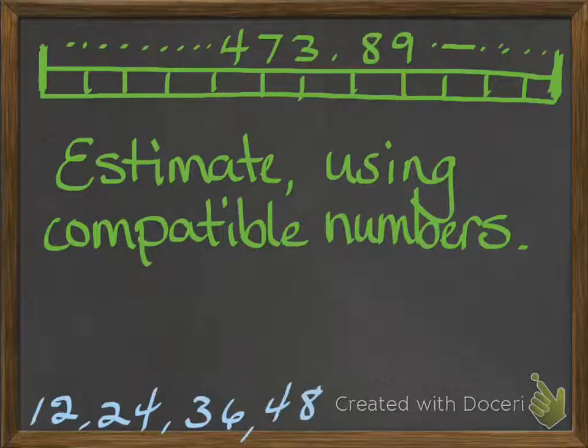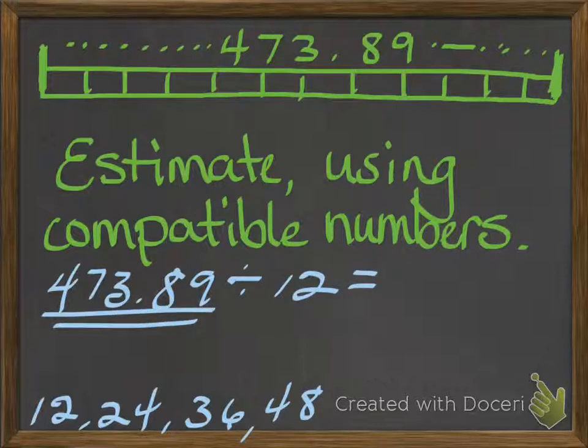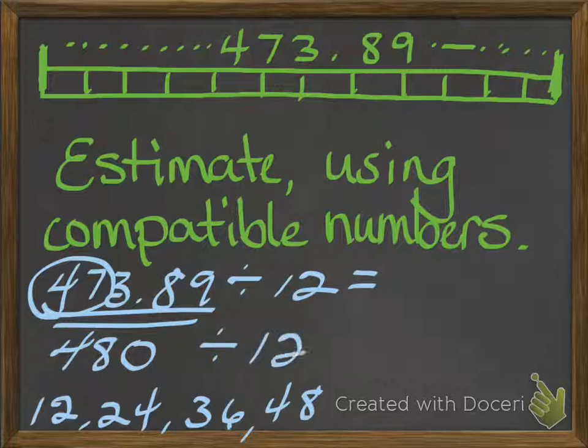So if one of the numbers in our problem is 12, then I'm going to change the other number, the dividend, to be a multiple of 12 that's close. I see 47 right here, that's pretty close to 48. So I'm going to change 473.89 to 480 and divide that by 12.